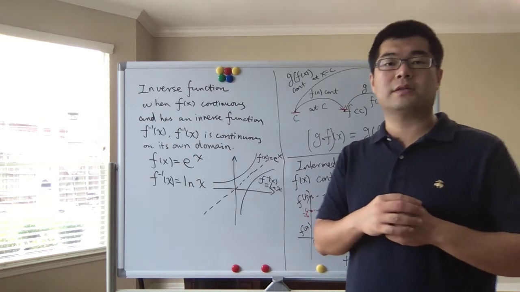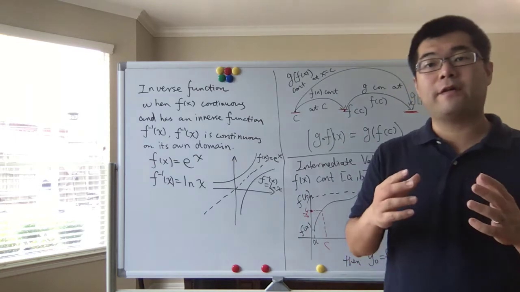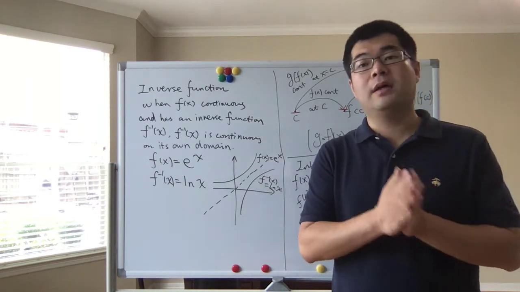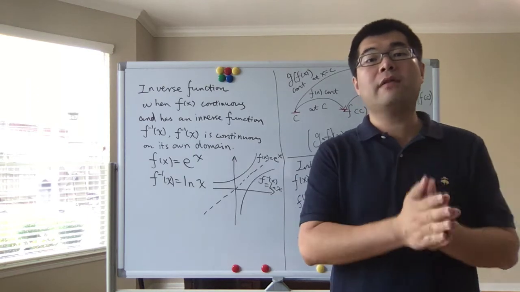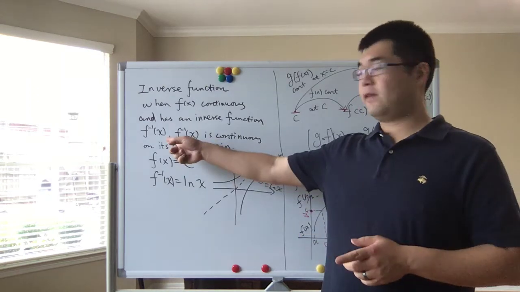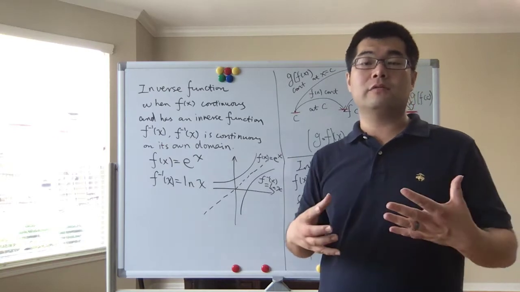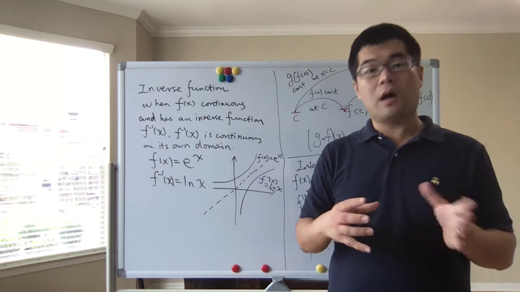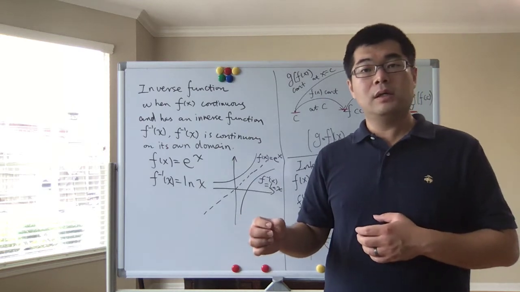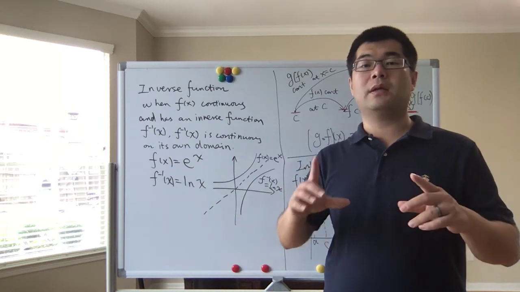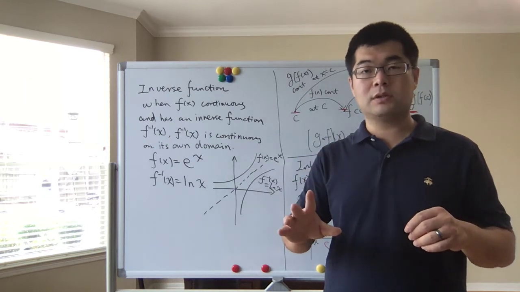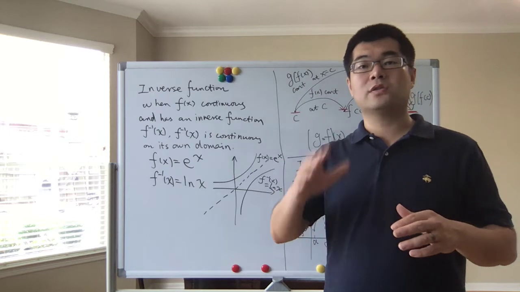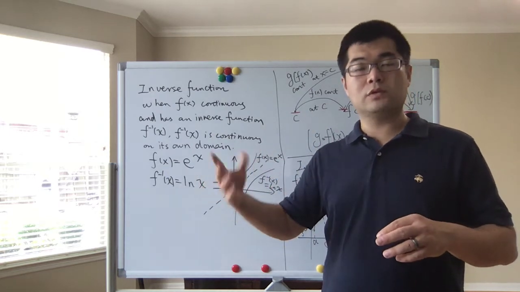So it says like this: if we have a function that is continuous, okay, and at the same time, that function also has an inverse function, let's say this is f inverse, okay, then we can see that the inverse function is also continuous on its own domain, okay. So simply speaking, if you have a function that is continuous, and it also has an inverse, the inverse function is also continuous on its own domain.